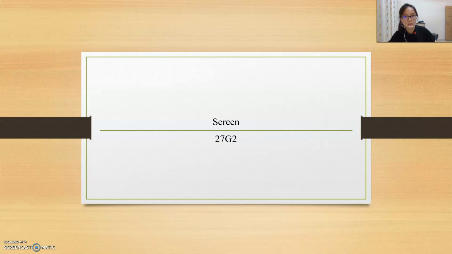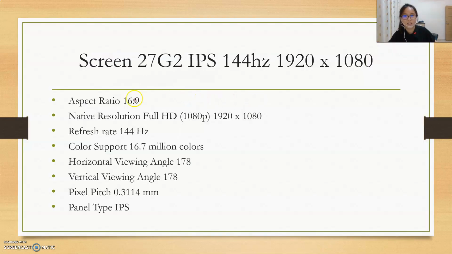And the next one is the screen. The screen that we use is the 27G2 IPS 144 Hz. The aspect ratio of this screen is 16:9, and the native resolution full HD is 1920 times 1080, and the refresh rate is 144 Hz.